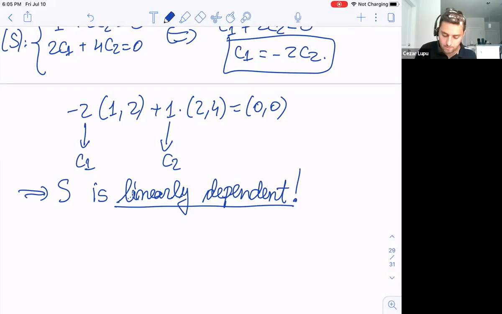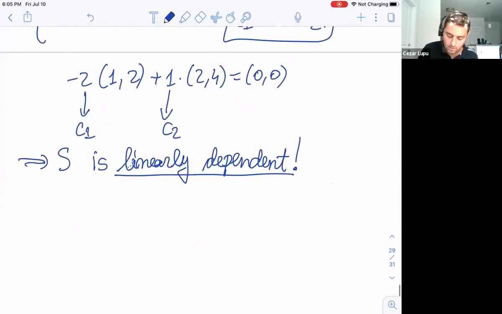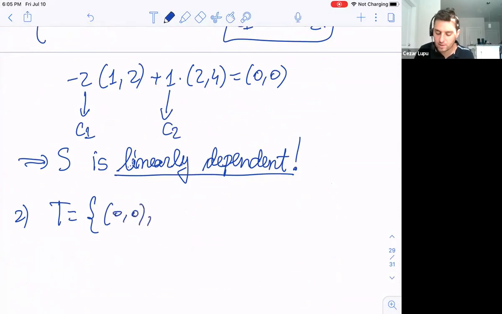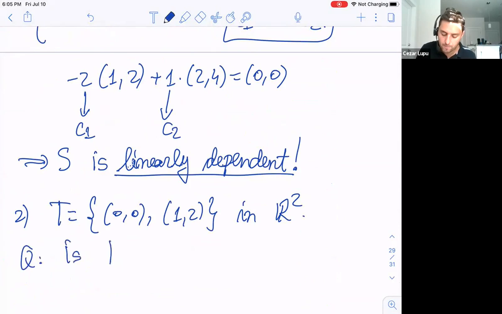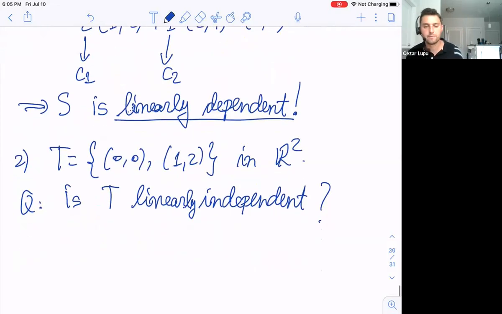What about this set? Let me change the set T of vectors. Let's take the origin in R2, and the second one is (1, 2) in R2. The question is: is T linearly independent? What do you think?